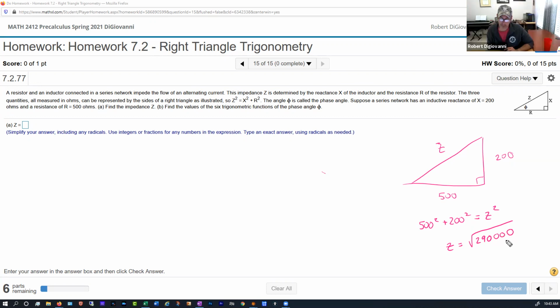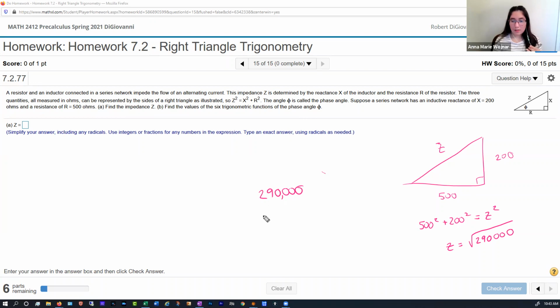Okay, so one way you can do this is you could try and see about breaking this down into things that you know. Because it has so many zeros in it, do you agree that 100 might go into this? And 100 is 10 times 10? Yes.